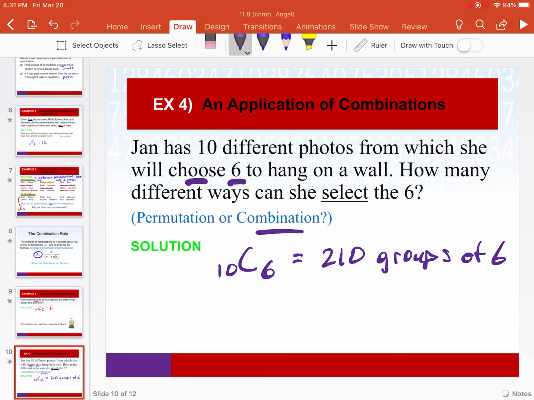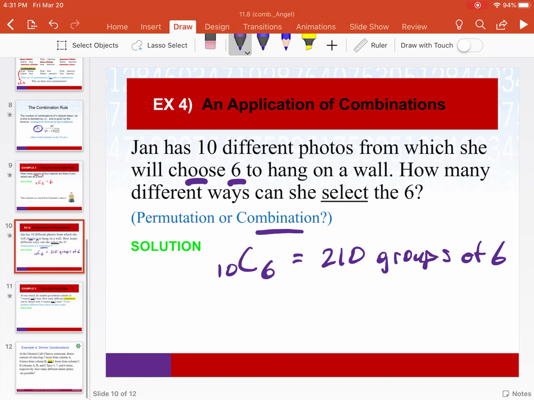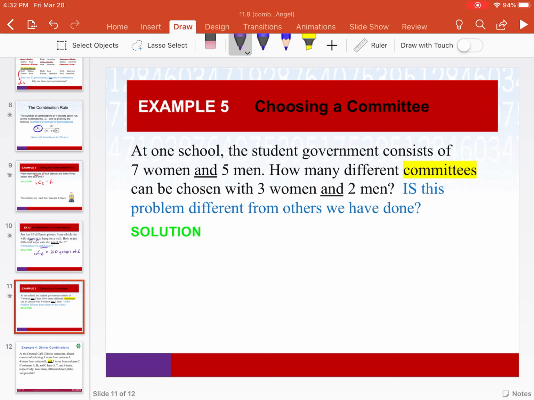Okay, that's still an awful lot of possibilities, right? That's why it takes so long to decorate. 210 groups of 6. All right. I wish I could see your faces and see how you're doing and see if this is making sense. I miss interacting with you. I really do.